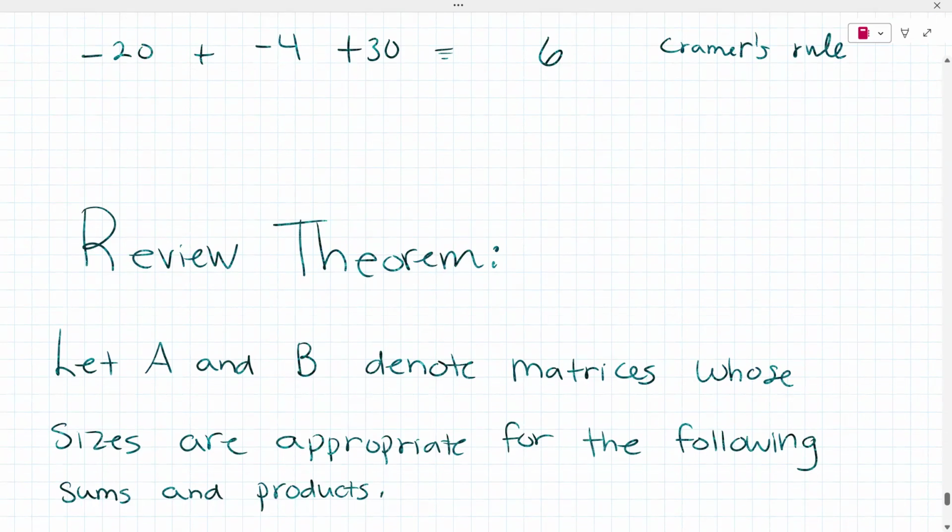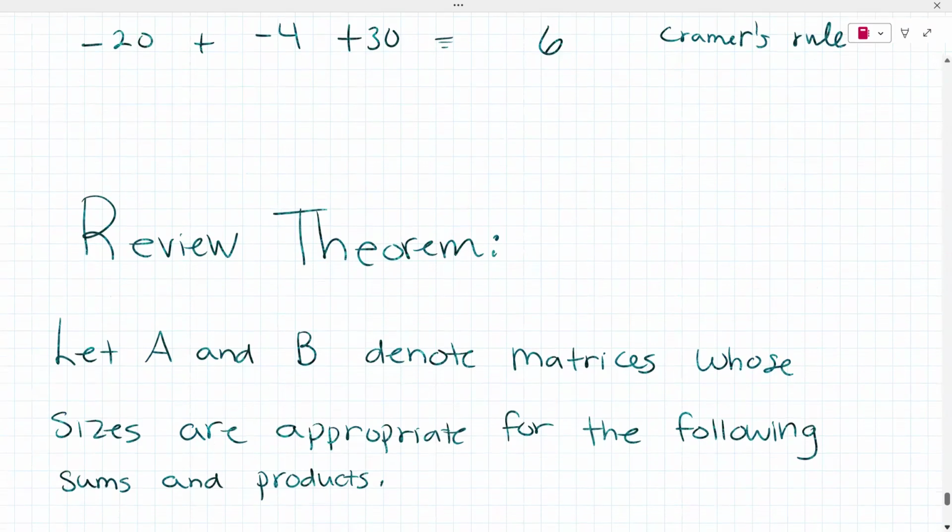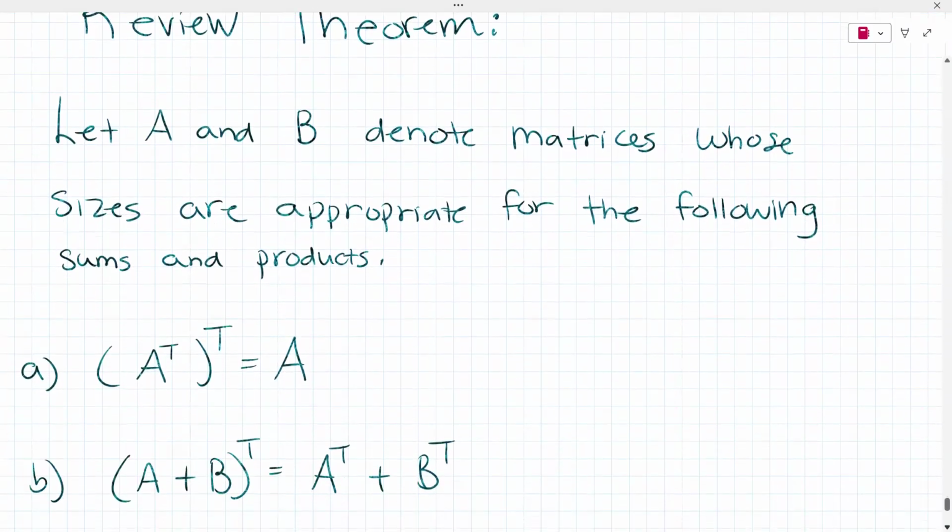Okay, so now you know how to take a determinant of a 2 by 2 and a 3 by 3. Let's wrap this video up with some review theorems. Let A and B denote matrices whose sizes are appropriate for the following sums and products.